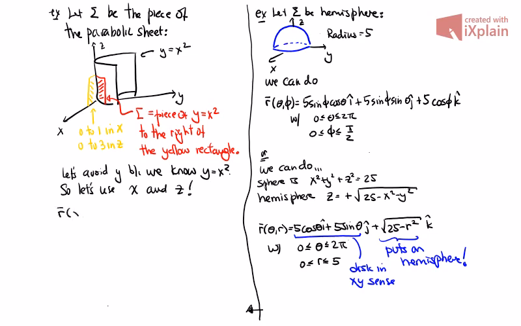We'll have x i, then we have y, but y is x squared, so x squared j. So those are a parabola in the xy plane. And then z k, and this will be with x between 0 and 1, and z between 0 and 3.